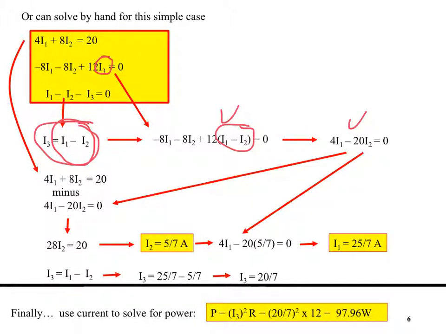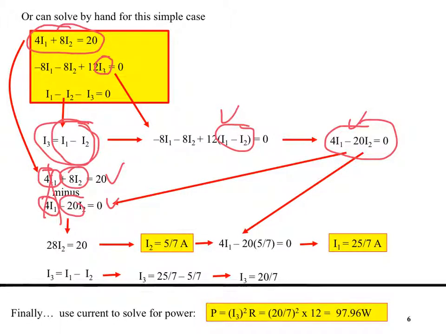Now I'm going to take that equation together with the top one, and noticing that 4I1 shows up in both places, I can eliminate the I1 variable by subtracting one equation from the other. I'm going to take the top one and subtract the bottom one from it. When I do that, those cancel. I get 8I2 minus a negative 20I2, which gives me 28I2, and 20 minus 0 is 20.